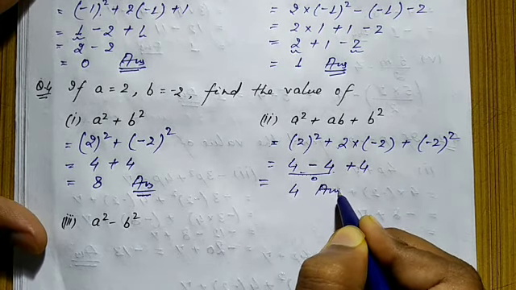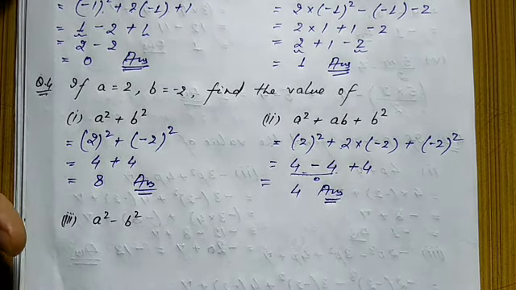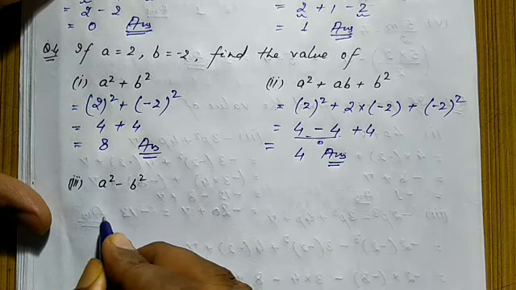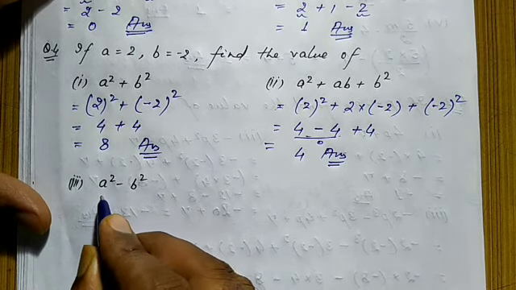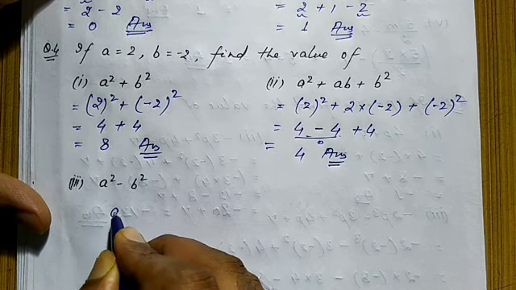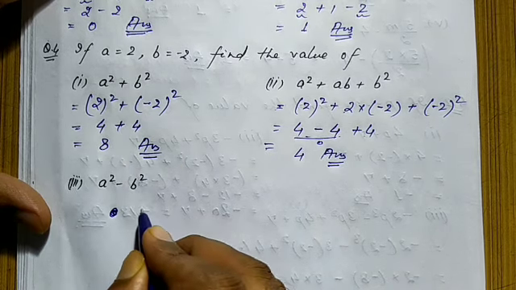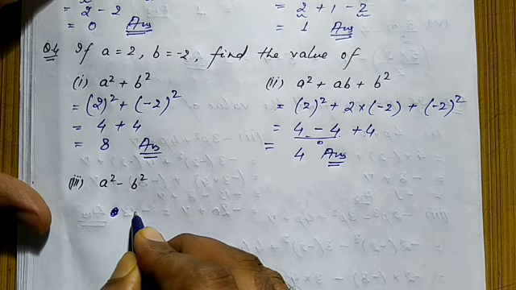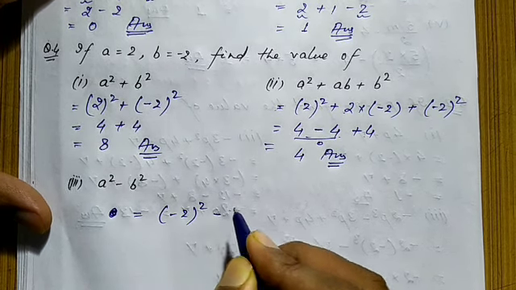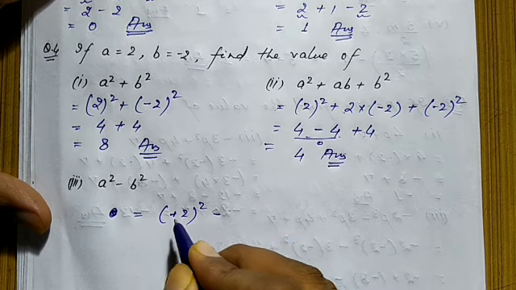So the answer is 4. Next one is a square minus b square. Okay, so a is minus 2 whole square, and sorry, a is plus 2.